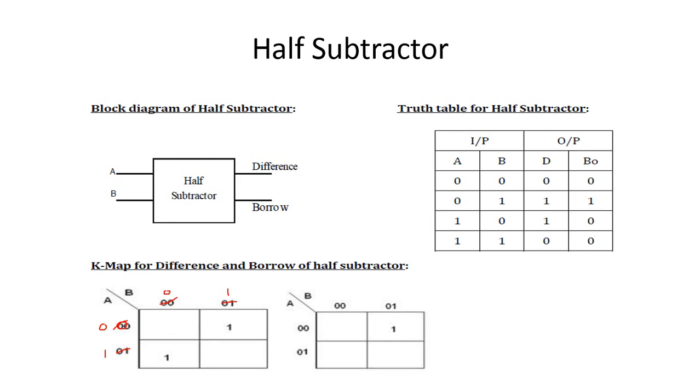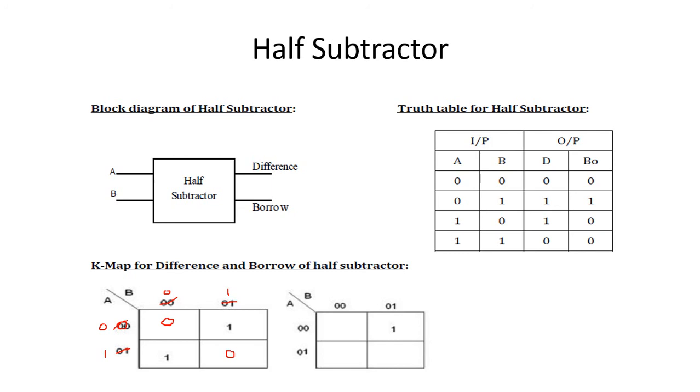For the 0 0 input, difference is 0. For 0 1 input, difference is 1. For 1 0 input, difference is 1. For 1 1 input, difference is 0.